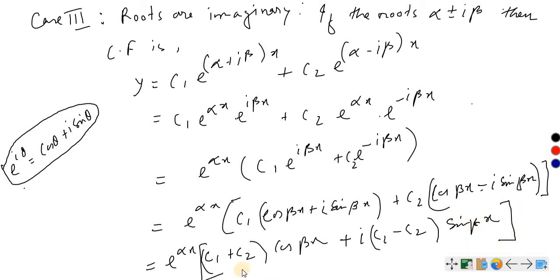So this c1 plus c2 and c1 minus c2 can be treated as again another constant, which I can write as e to the power alpha x.